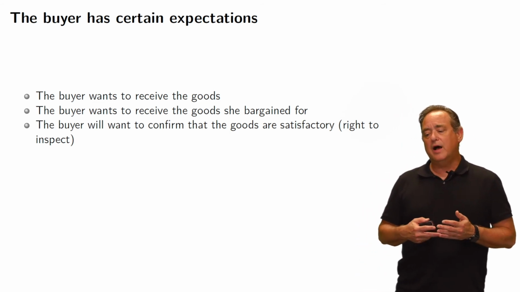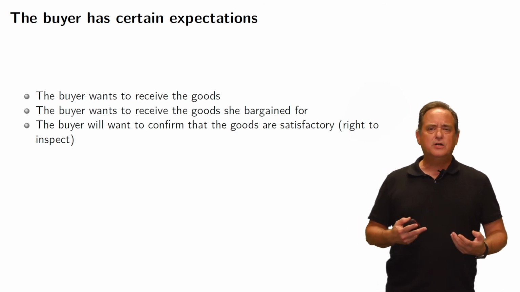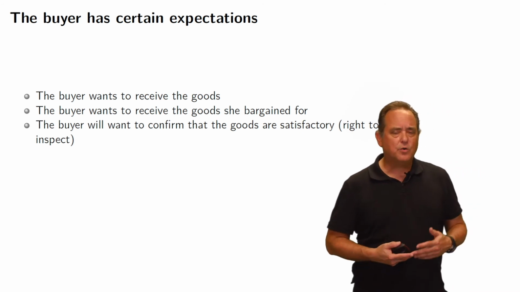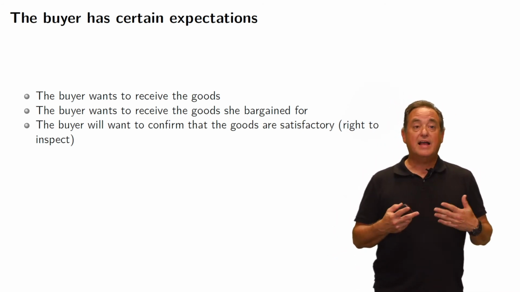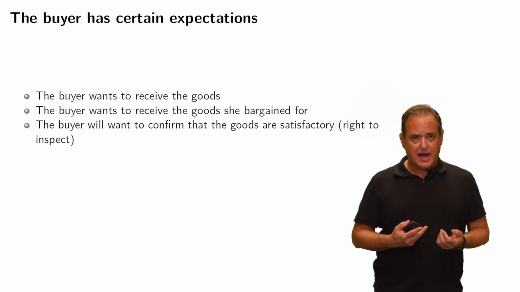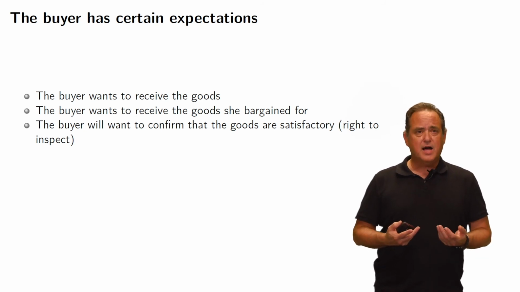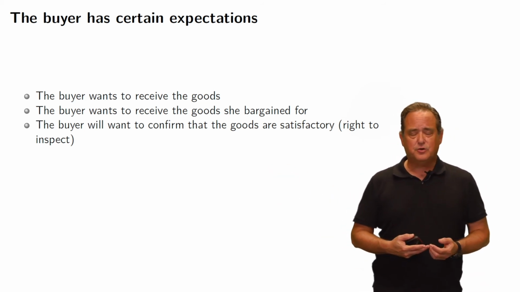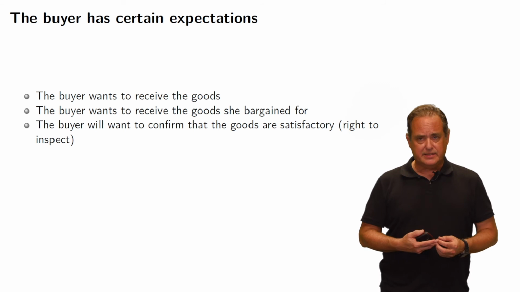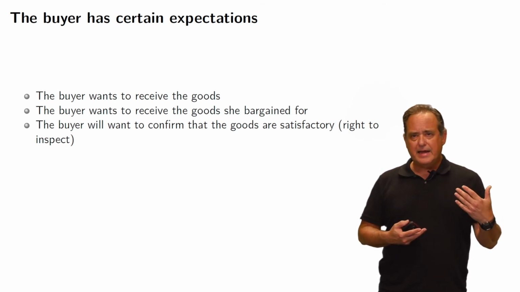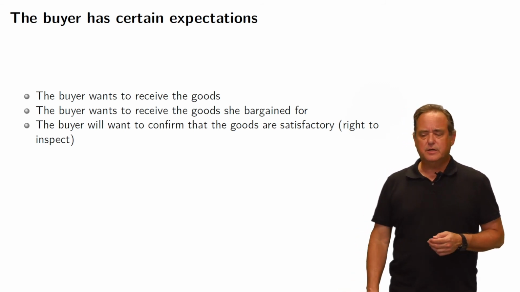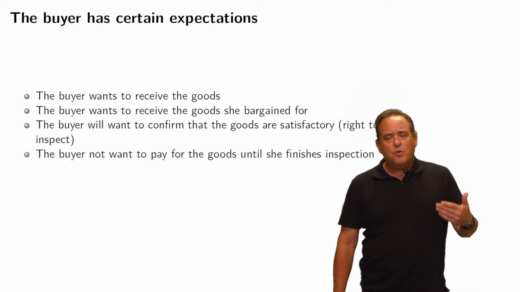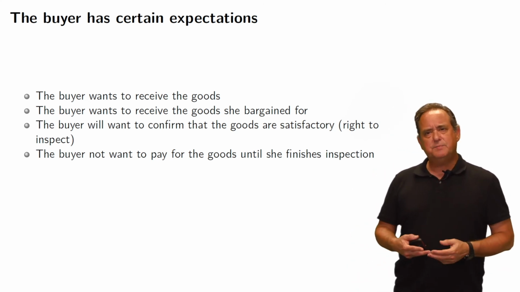Furthermore, the buyer ideally wants to confirm that the goods are satisfactory before payment. And we call this a right to inspect. Ideally, you want to get the iPhone, take it out of the box, look at it, make sure it works, take it to a professional if necessary to make sure that it's in good shape. But you want to examine the goods. You want to inspect the goods prior to paying for them. Because you don't want to pay for the goods until you finish the inspection.